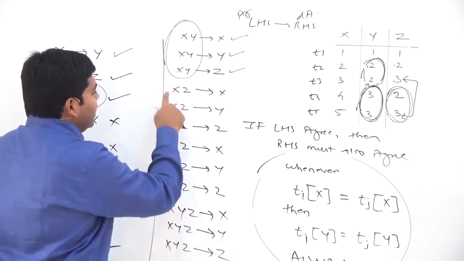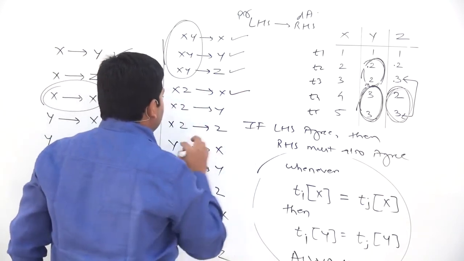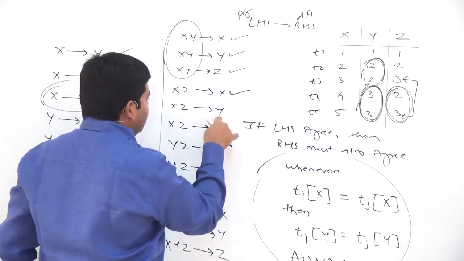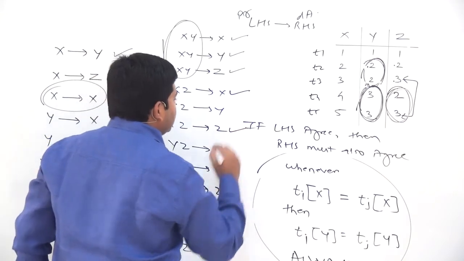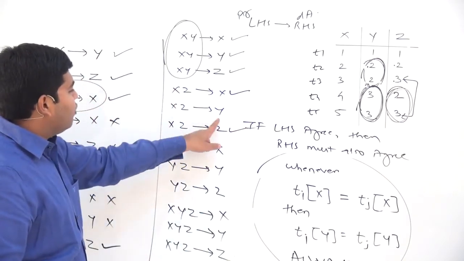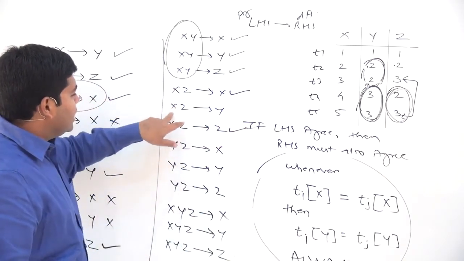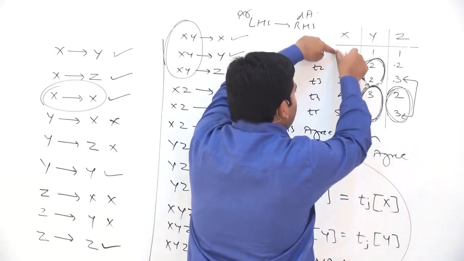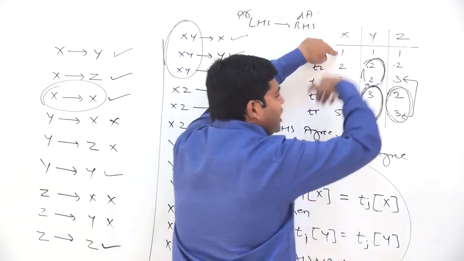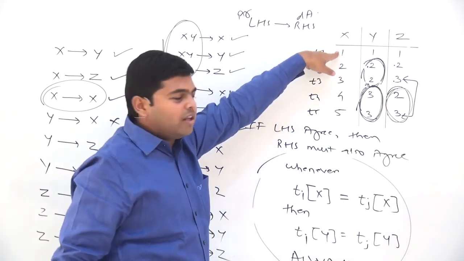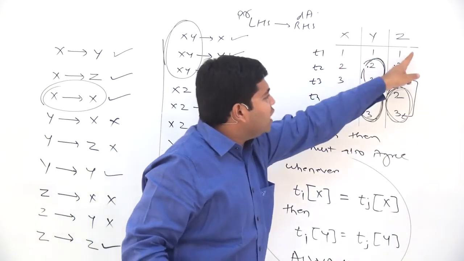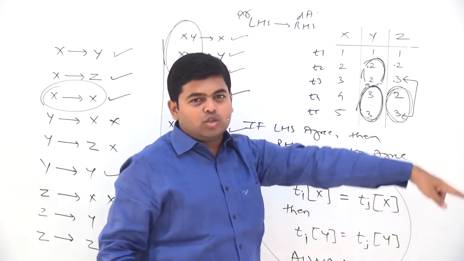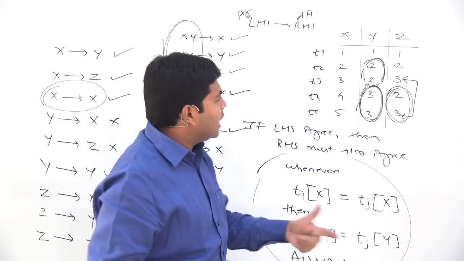Similarly, xz gives x will be trivial, xz gives z will also be trivial, and xz gives y or not? So we need to check whether there is an agreement on the left hand side, which is xz. Now if there is no agreement in x, there cannot be any agreement in xz, because for xz to agree, x should agree and z should agree.